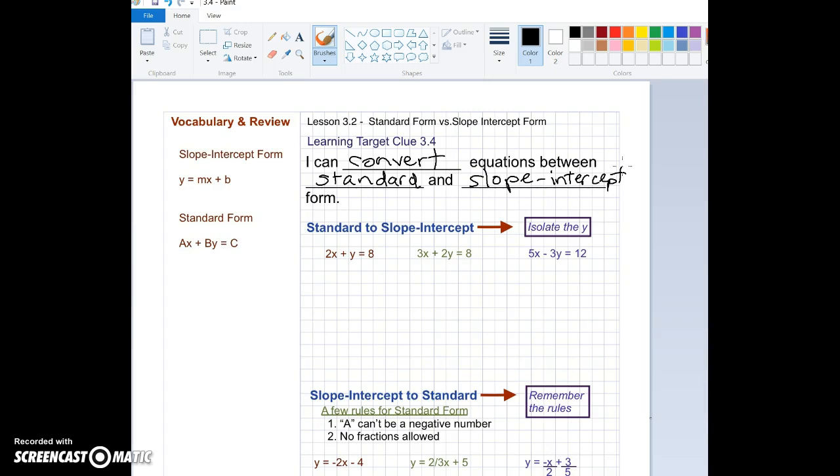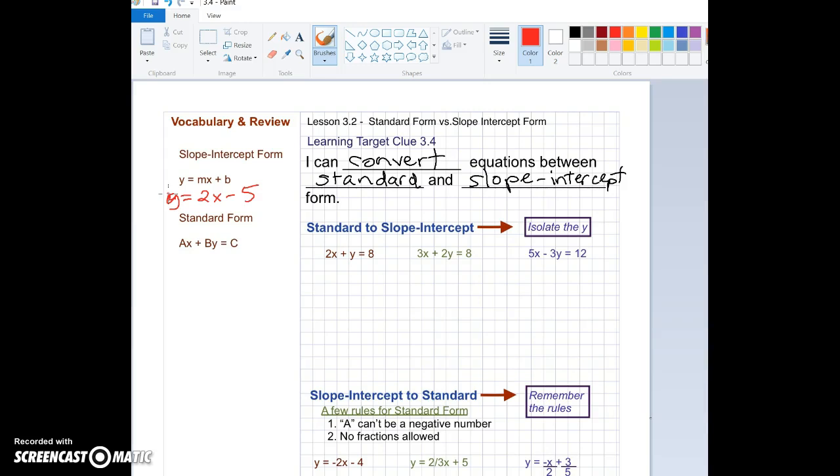So slope-intercept form is y equals mx plus b, and if I had an equation like that, y equals 2x minus 5. I know that looks like a g, but it's a y. That would be slope-intercept form.